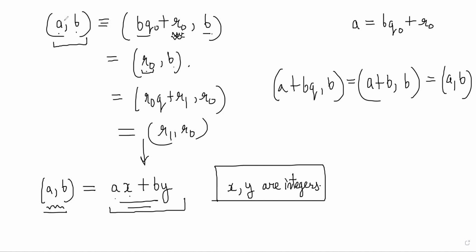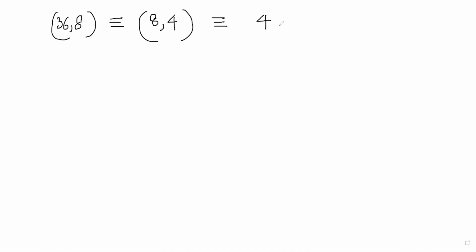For example, let's take the case of the GCD of 36 and 8, right? So the first step was what? We divide 36 by 8 and we get a remainder of 4. So the next step is dividing 8 by 4, and then you would get a zero remainder, right? Basically, when you divide this, you get 2 and 0, right?